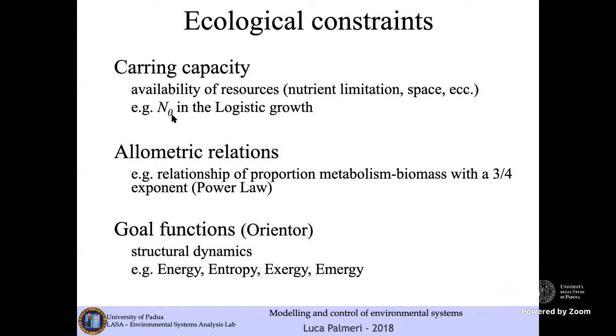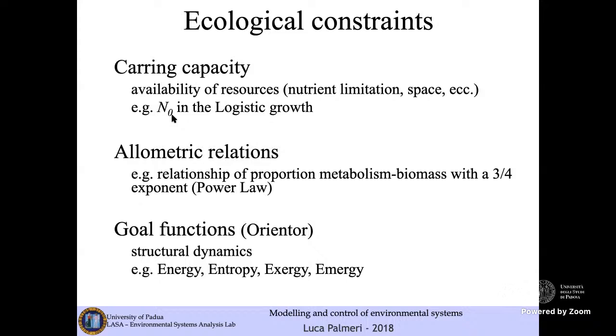In particular, we have seen conservation of energy, so energy is conserved. A goal function is an indicator, or if you want, a state function and an indication of its tendency, where the state function should go. So the energy goal function tells us that the energy is conserved.